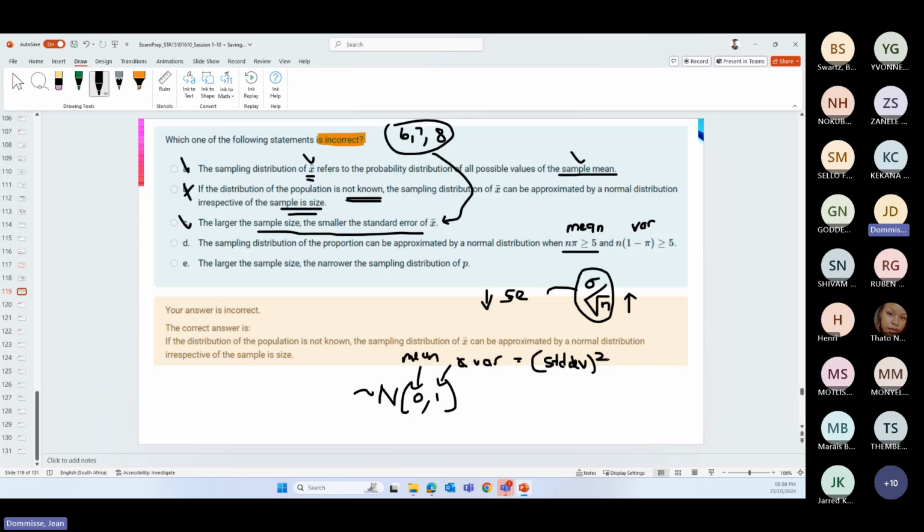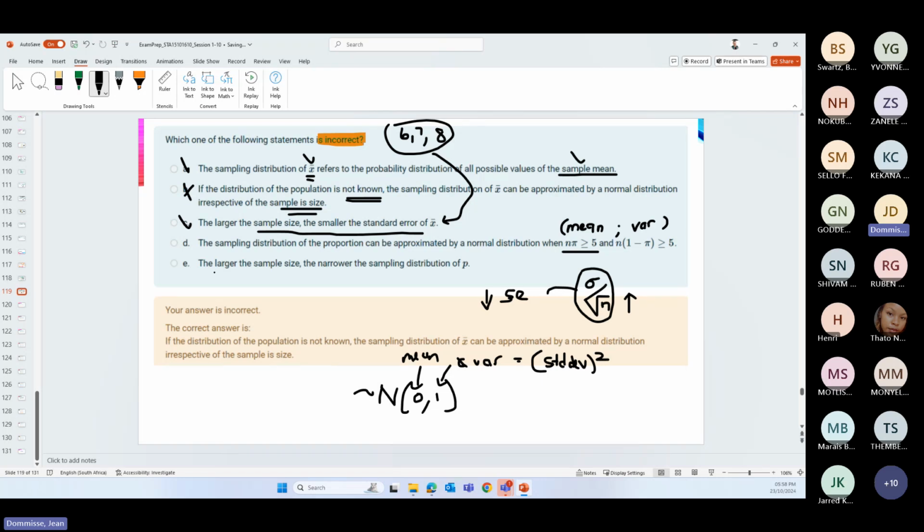So when we look at this, the normal distribution or approximate, then that is the mean, that is the variance. So again, just have that method of writing it down somewhere on a note as well. I don't think it's in the study guide, but I definitely know it is in your textbook.